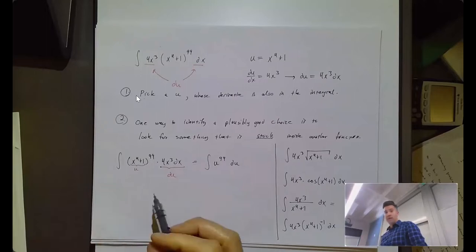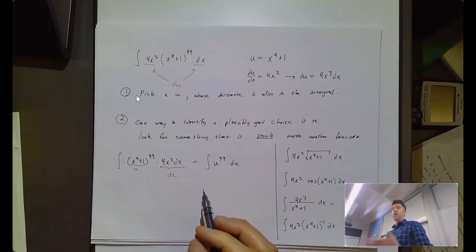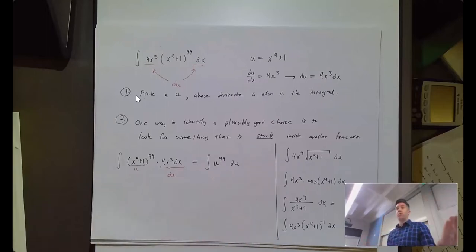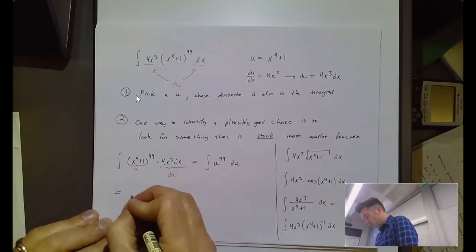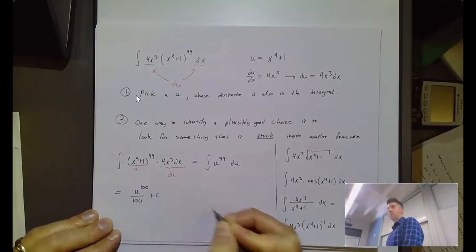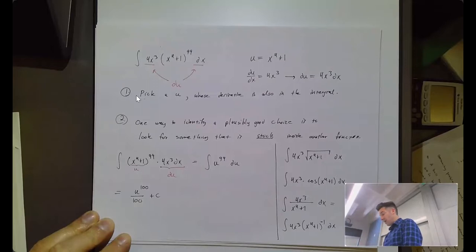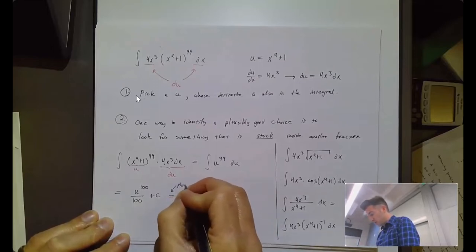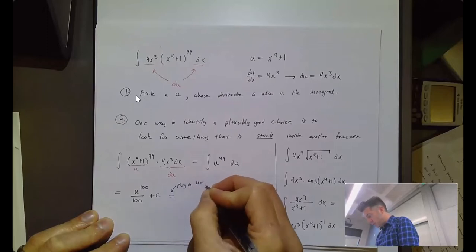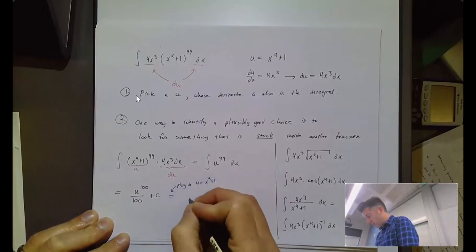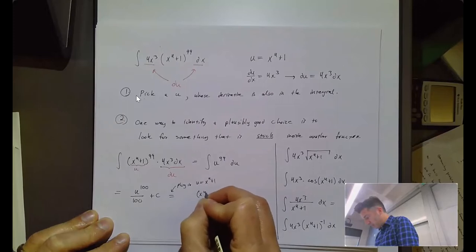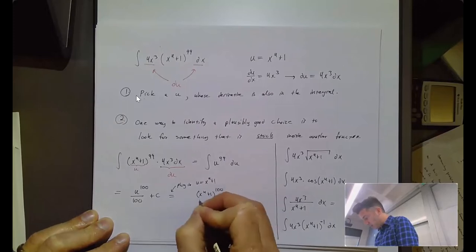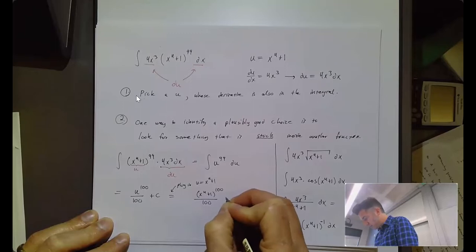This new thing we should be able to antidifferentiate often with just the power rule, or sometimes a trig function. So this is going to end up being u to the 100th over 100 plus c. And then we have to plug back in what u is equal to. So plug in u equal to x to the fourth plus 1, and we get x to the fourth plus 1 to the 100th power over 100 plus c.